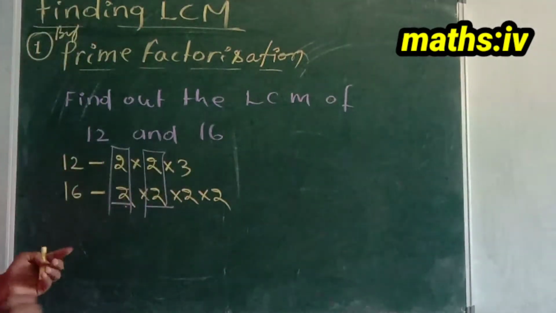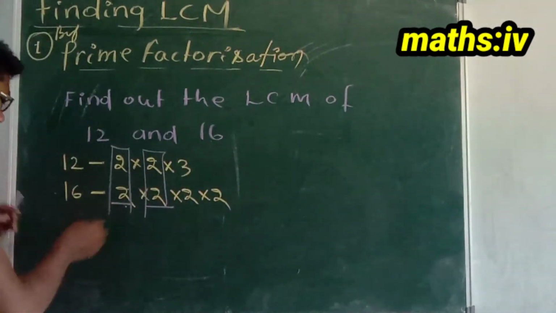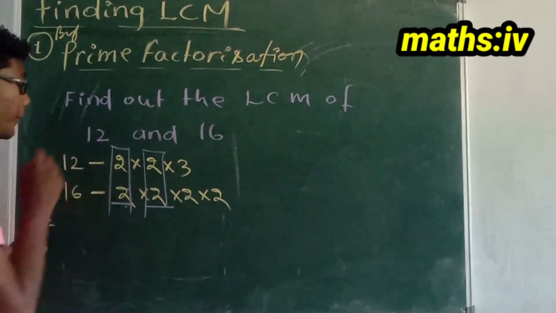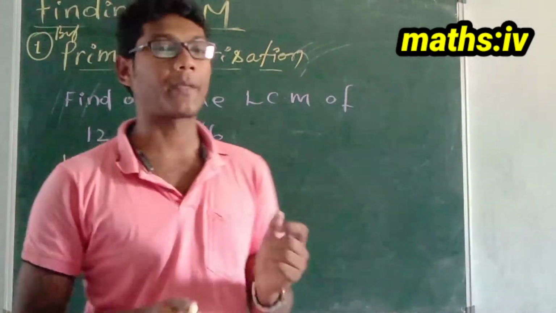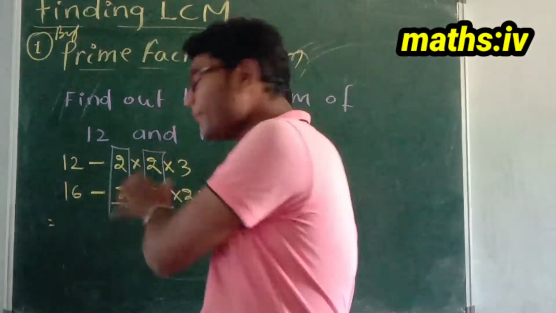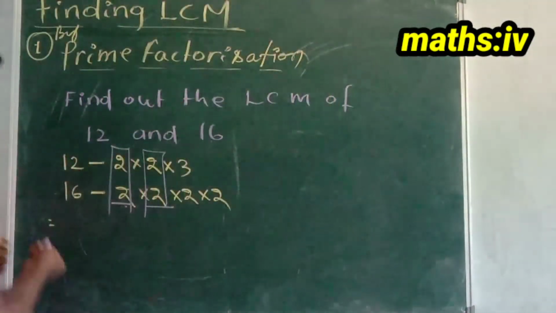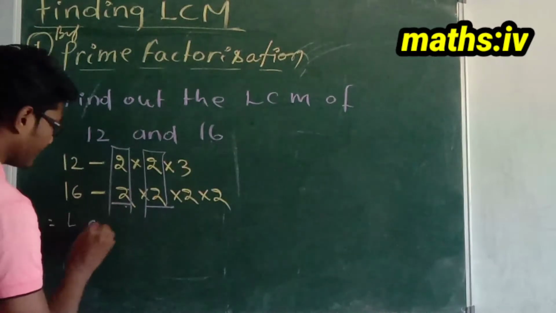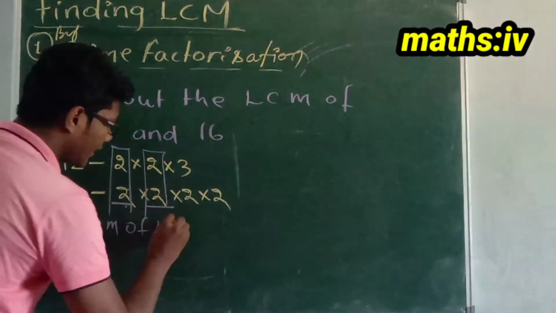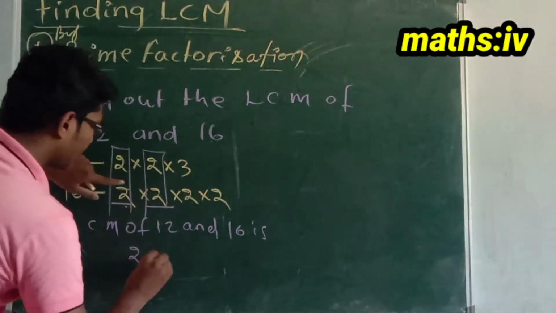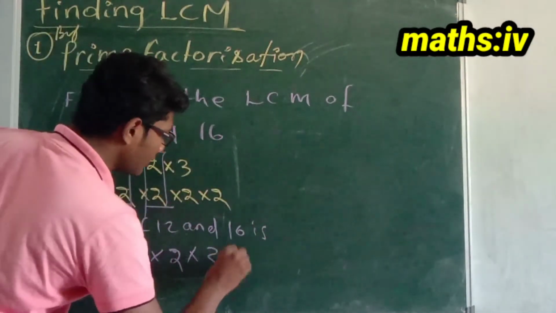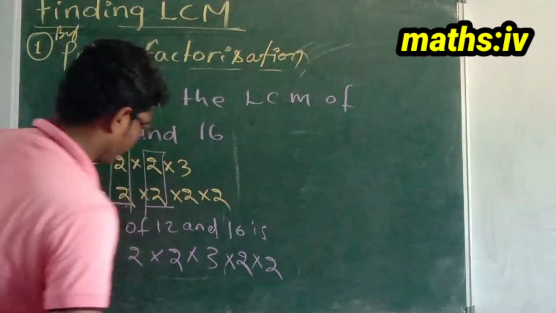Clear? Now you can see here, students, that there are 2 pairs of common prime factors, so we have to take them once only. So LCM of 12 and 16 is 2 multiplied by 2 multiplied by 3 multiplied by 2 multiplied by 2.